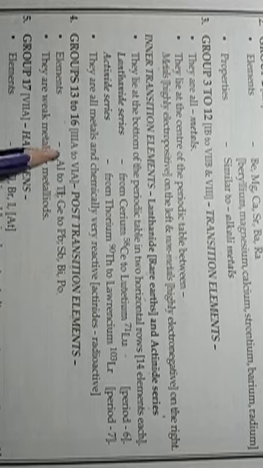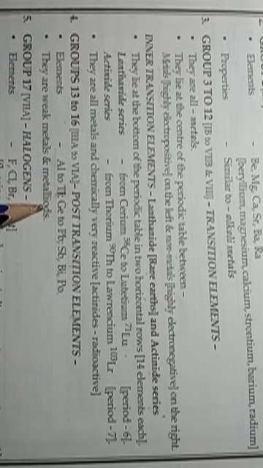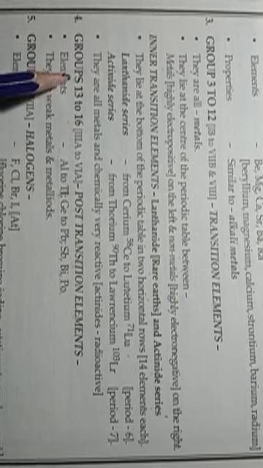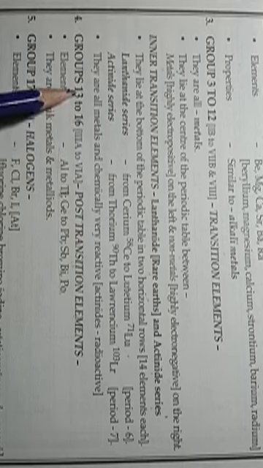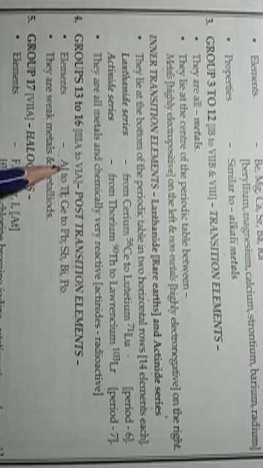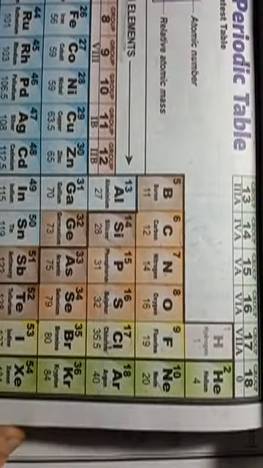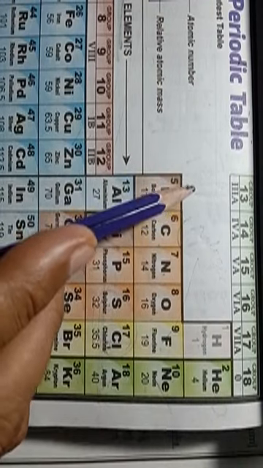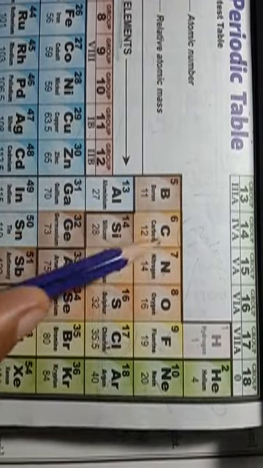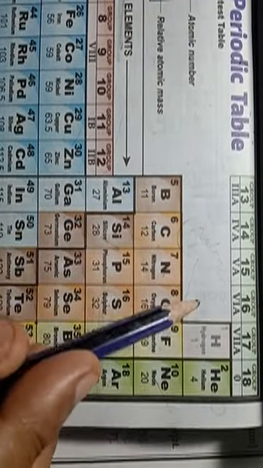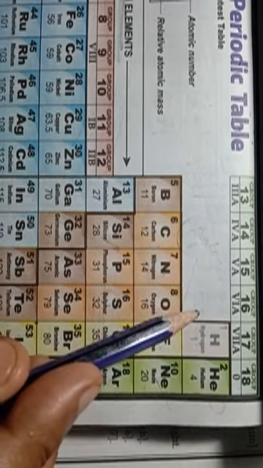These are weak metals and metalloids. Only in groups 13 to 16 are these elements metals.